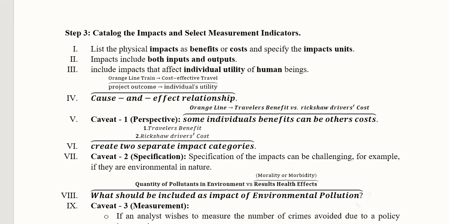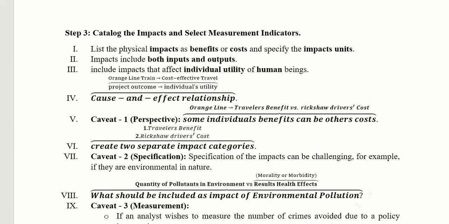Impacts can also include the effect on the individual utility of human beings. That is how people are benefiting from the cost-effective travel from some BRT, that is bus rapid transit, or any other train service, for example Orange Line train. This is the project outcome of a project, that is the Orange Line train, and it can provide cost-effective travel to the individuals, hence affecting their utility.